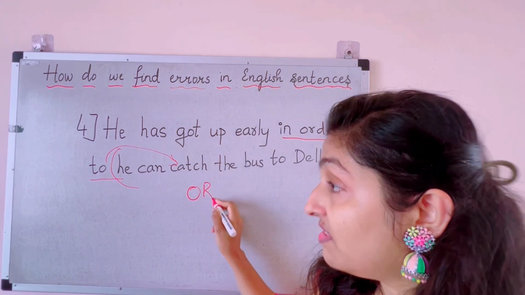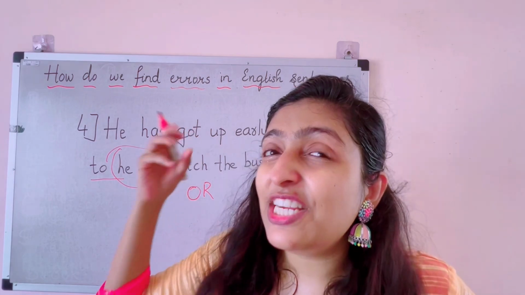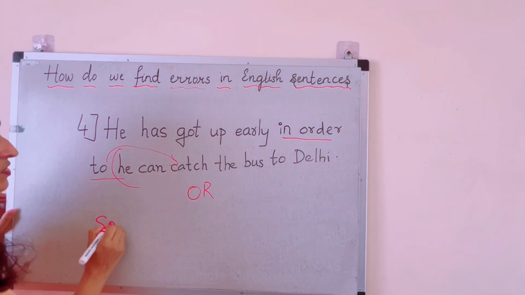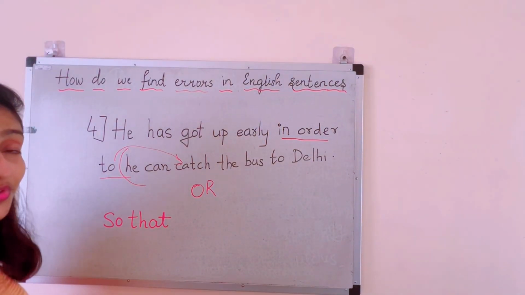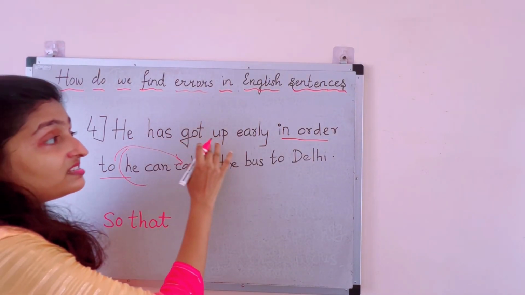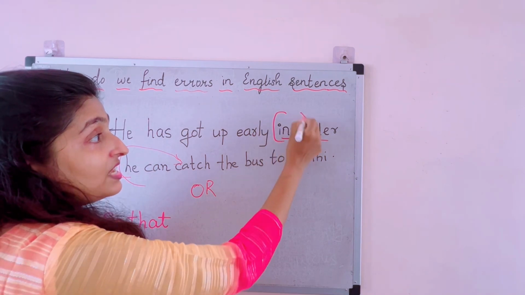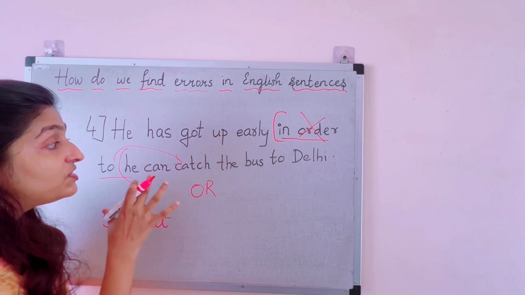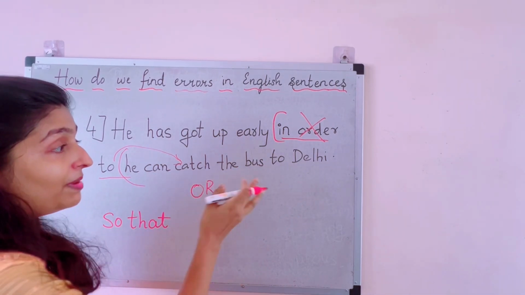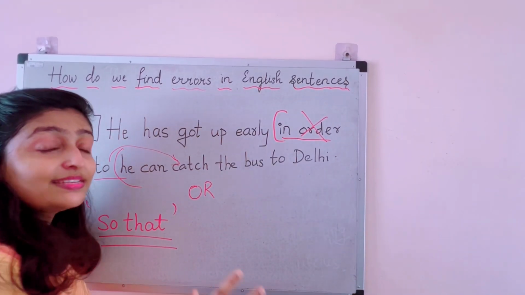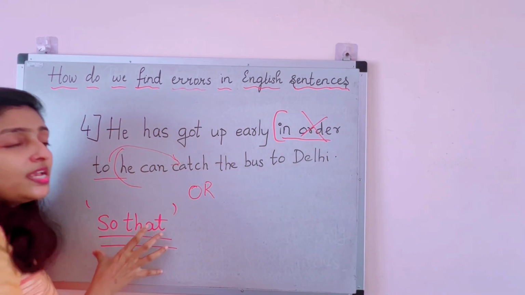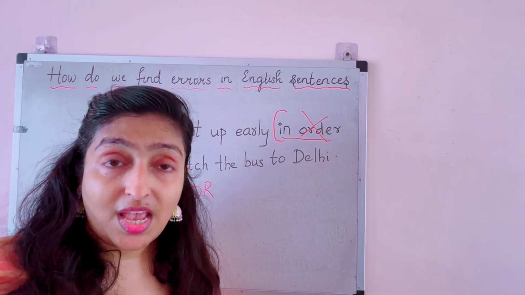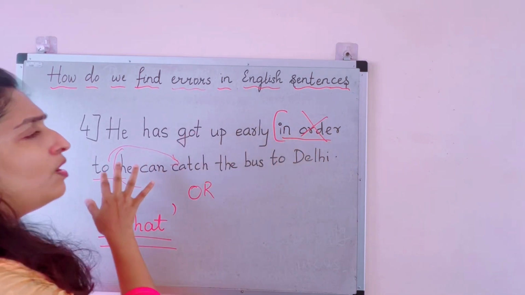Or we have another possibility. You can introduce so that. Now let's reread the sentence. He has got up early so that he can catch the bus to Delhi. So what is the purpose of so that? So that introduces a clause with a purpose. And what is the purpose of in order to?